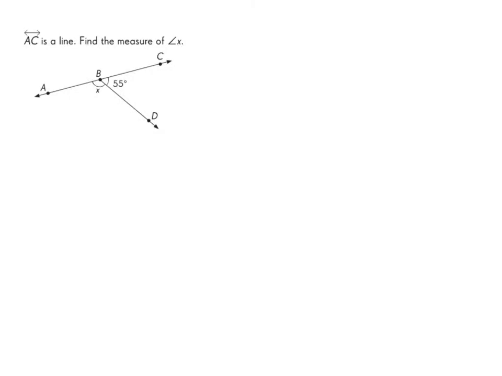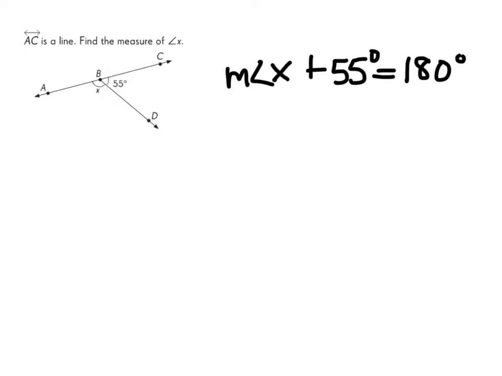Now let's explore how to find the unknown measures of angles on a line. The picture here shows that AC is a line. We are given the angle measure of CBD. How could we find the measure of angle X? Well, here's what we do know. The measure of angle X plus 55 degrees is going to equal 180 degrees.